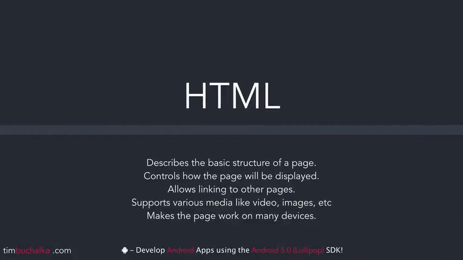The HTML itself describes the basic structure of a web page. It controls how that web page will be displayed in the browser. It allows linking to other pages. It supports various media, like video, images, and audio files. And it really helps make the page work on many devices. So it's really the basic building blocks for a web page.